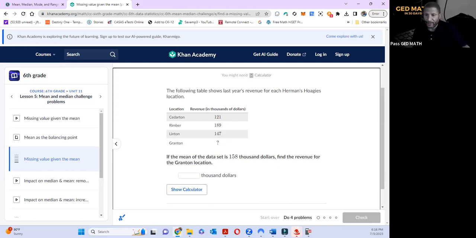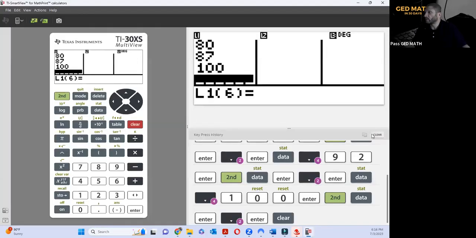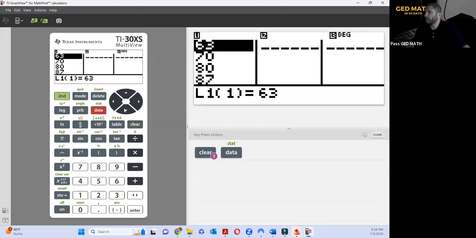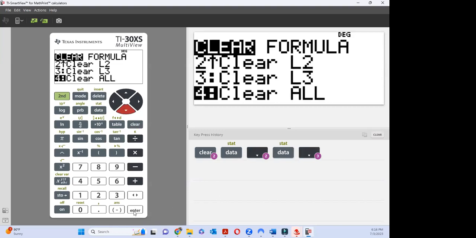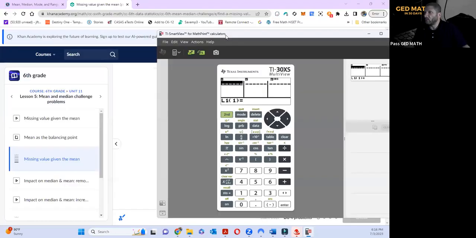So again, I'm going to grab my calculator. Hold on, let me clear everything out first. And this is why you practice. So when you see it, you know it. I don't have a whole lot of room. Let me move over here. Okay, let me move right here.